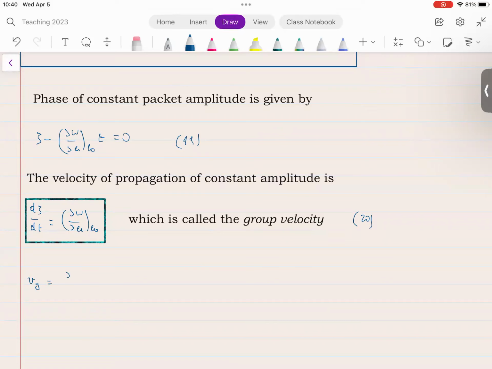Group velocity is d omega dk at k0, but omega is v phase times k.